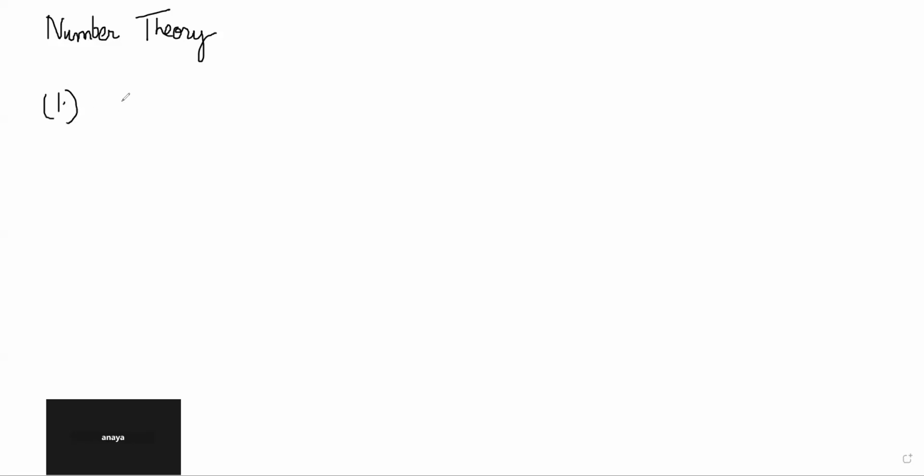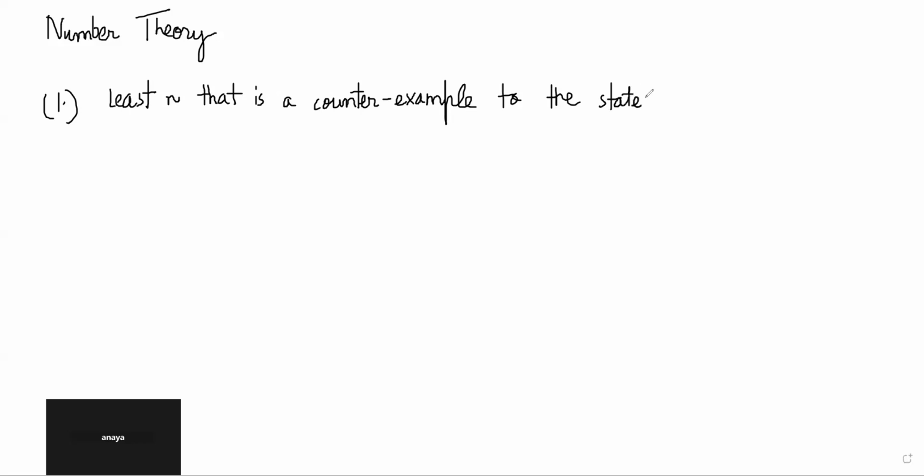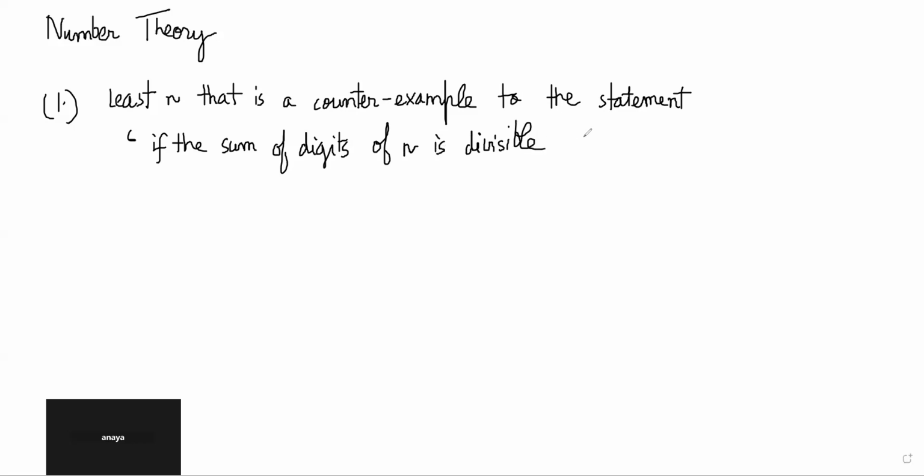So the first problem is you have to find the least n that is a counterexample to the statement: if the sum of digits of a positive integer n is divisible by 27, then so is n.